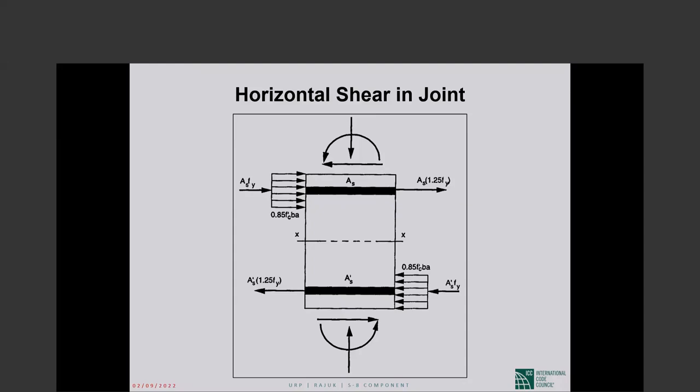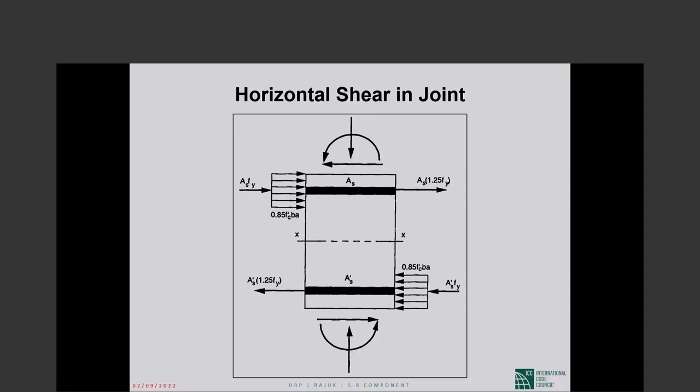Based on Jim Jirsa's research, we said that that is not the way to go. The fact of the matter is, when you provide transverse reinforcement within a joint, the shear strength goes up, but only up to a point, not beyond a point. If you keep on adding transverse reinforcement, the shear strength at one point levels off.